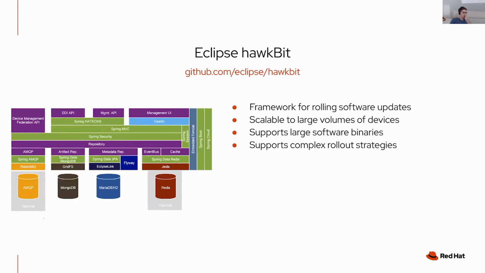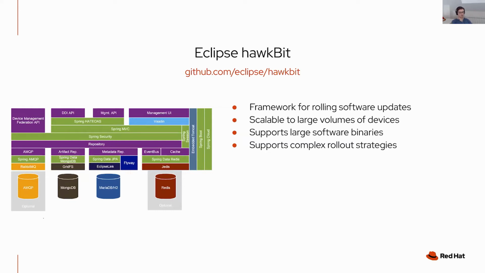One final piece of the puzzle for a successful IoT cloud solution is a device management component, and that's what Eclipse hawkBit is. So basically, Eclipse hawkBit provides a framework for rolling out software updates to the devices, and those updates could range from firmware updates to application level binaries, right?